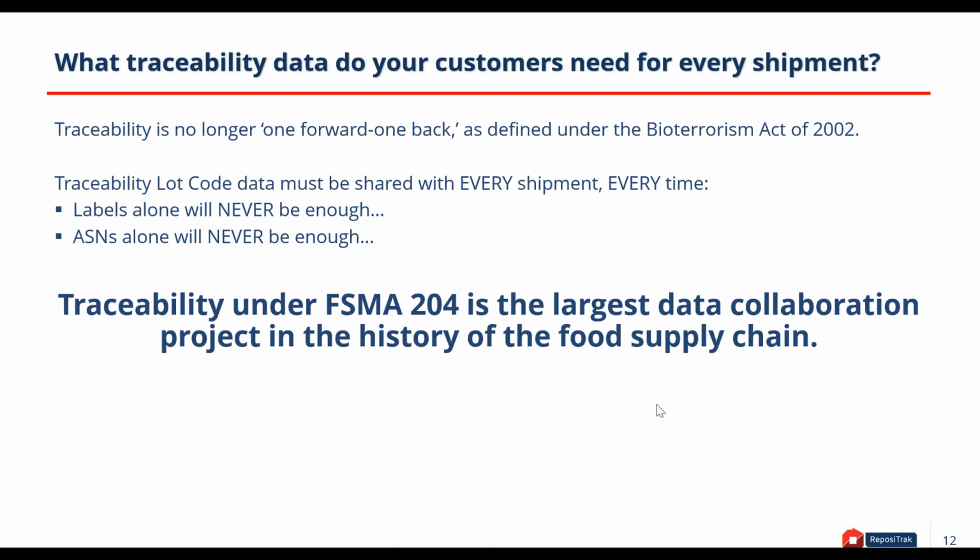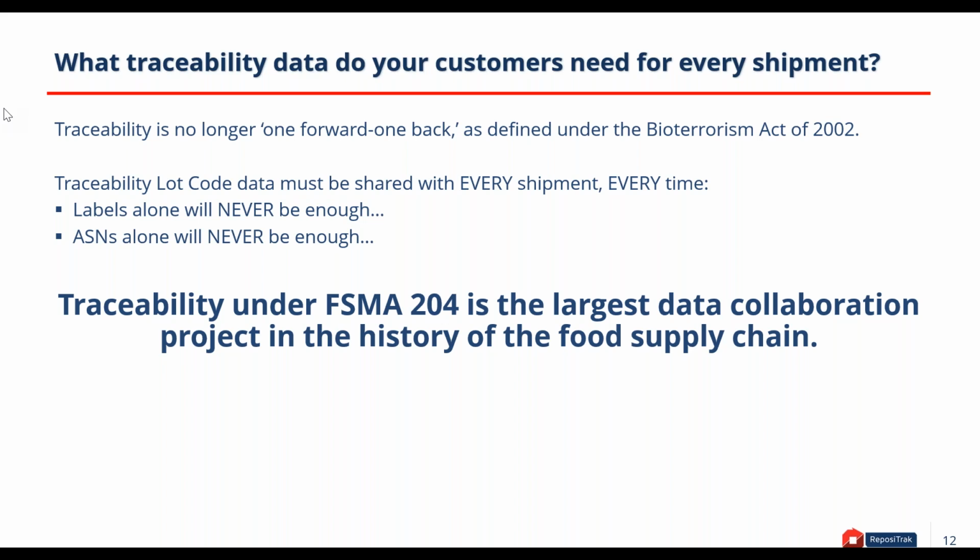And we get asked a lot about labels. Labels won't be enough. I'll explain in a minute why labels won't do all of traceability. They're important. They're a piece of the puzzle. They don't solve the whole problem. And then ASNs. You may see customers that are asking for advanced shipping notices. Advanced shipping notices are not the best source of traceability data because in many cases they're not what shipped. It's what was planned to be shipped. A bill of lading is a much more accurate source of traceability information.